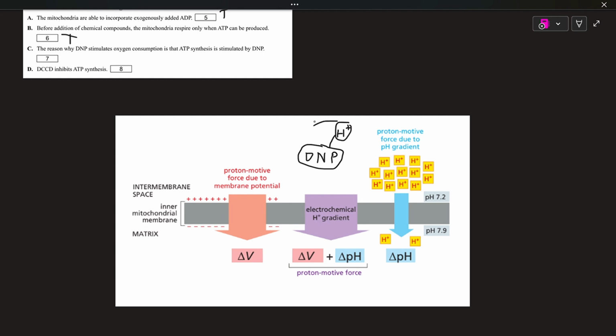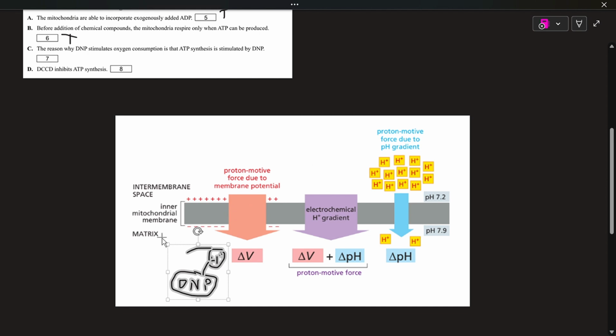So DNP passes through the inner mitochondrial membrane to here. After passing into the matrix, DNP breaks the bond with the proton and leaves the proton here. So, like this.